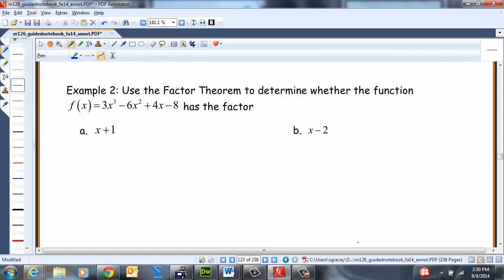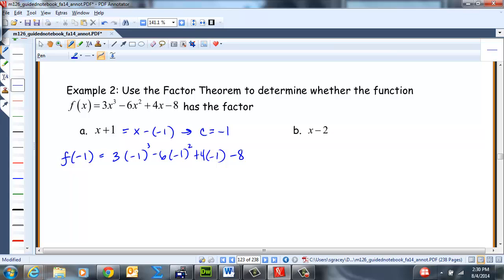Do you see that this is equal to x minus negative 1, getting it in the right format, which tells us that c is equal to negative 1. So evaluating f at negative 1, we would have 3 times negative 1 cubed minus 6 times negative 1 squared plus 4 times negative 1 minus 8.